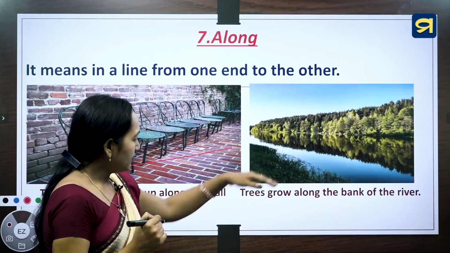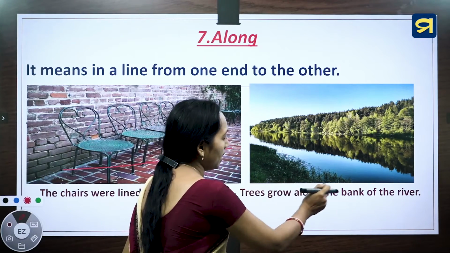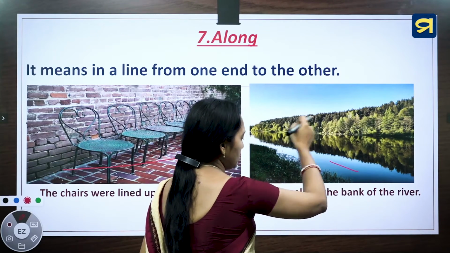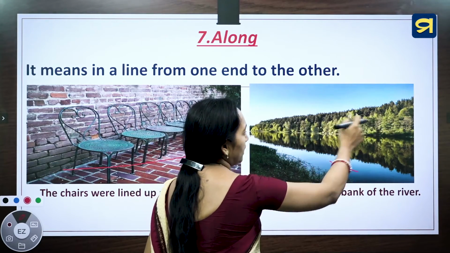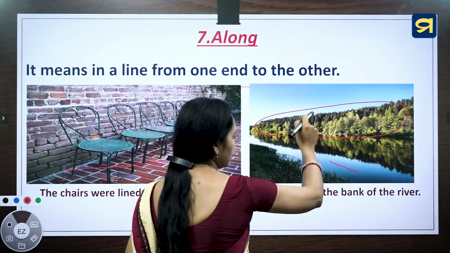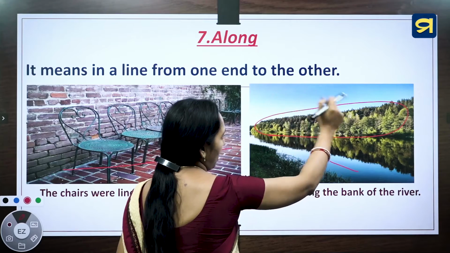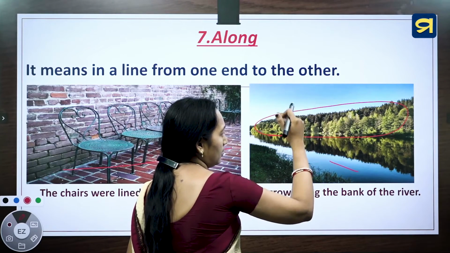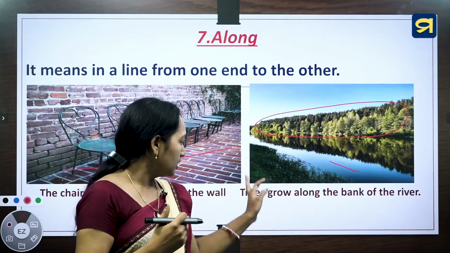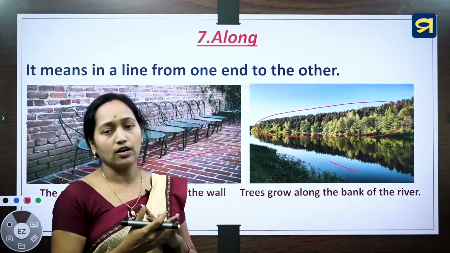Another example: trees grow along the bank of the river. They grow in one direction, the upward or forward direction. So the trees grow along the bank of the river.